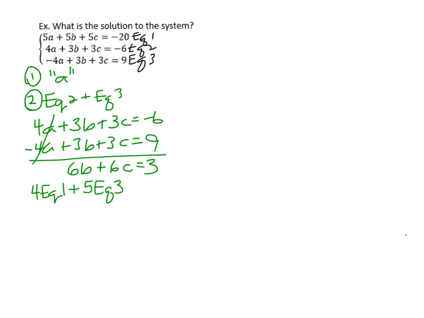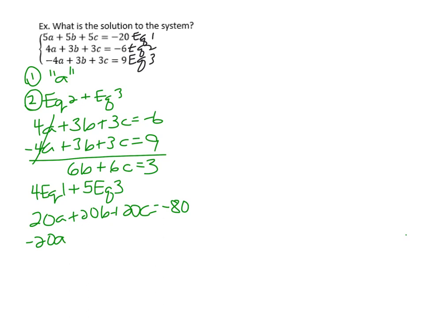If we multiply everything in equation 1 by 4, we get 20a plus 20b, and then plus 20c. On the right, negative 20 times 4 is negative 80. Everything in equation 3, if we multiply by 5, we get negative 20a, which is what we wanted.